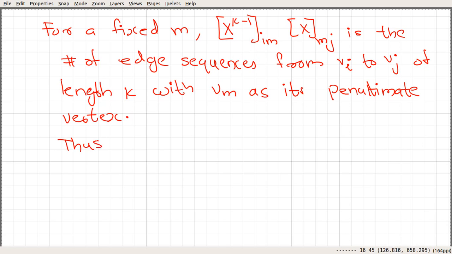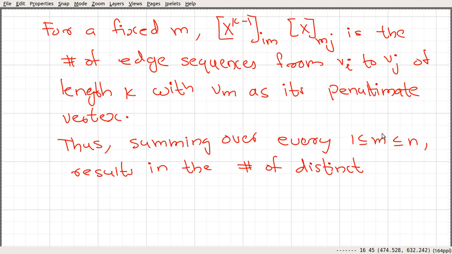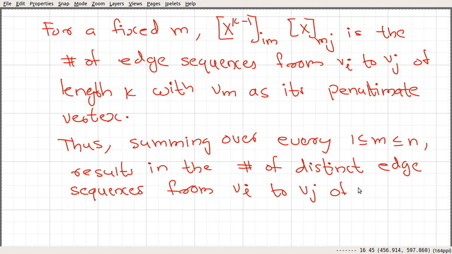Thus, summing over every possible value of m, it results in the number of distinct edge sequences from vertex vi to vj of length k. Okay, and that's it.